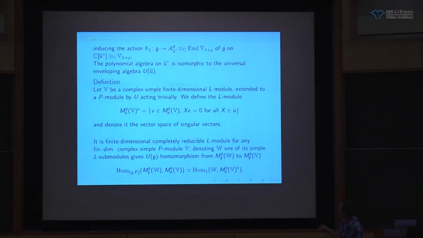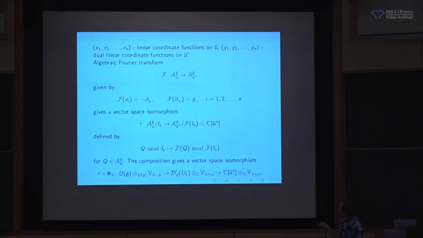And then we can use the algebraic Fourier transform, which is a map between the two algebras, the Weyl algebra over U bar and the Weyl algebra over U bar star, identified with U itself.